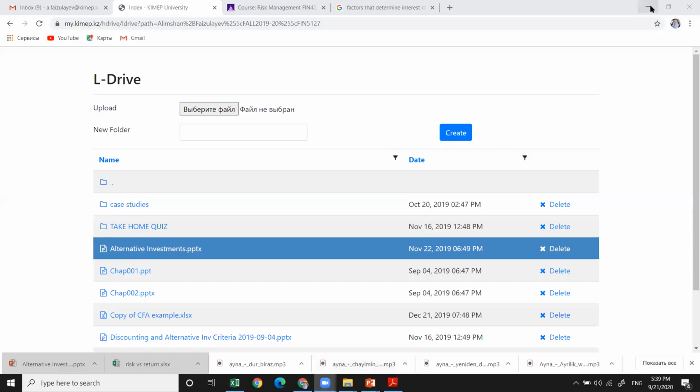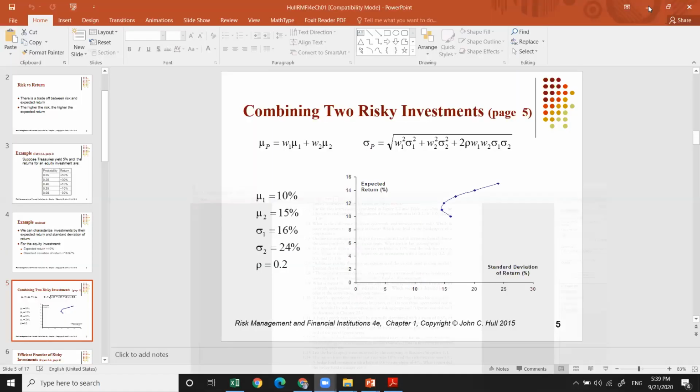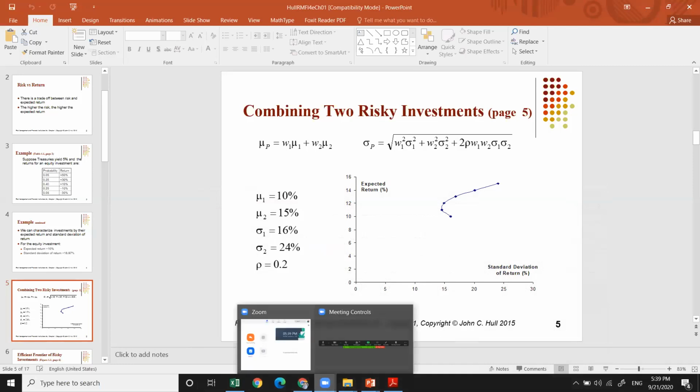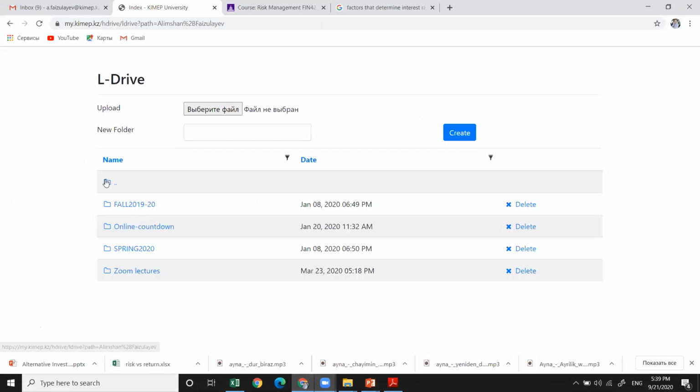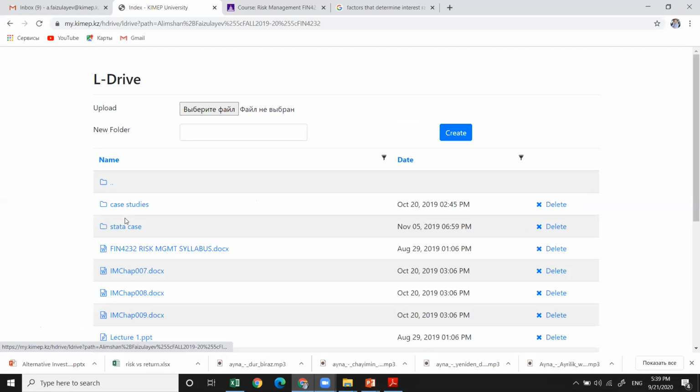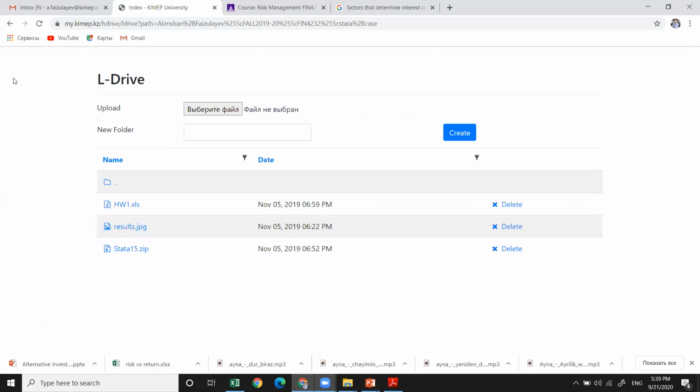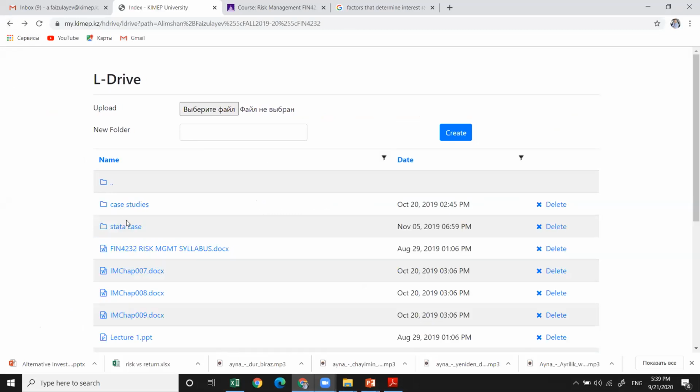But let me share the screen with you now. Let me check whether I have it in Moodle or in L Drive, because I didn't have a chance to get it.